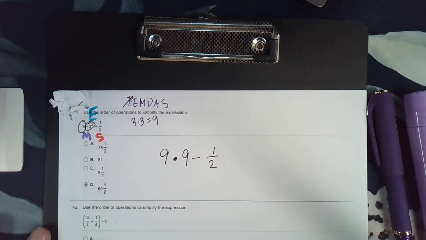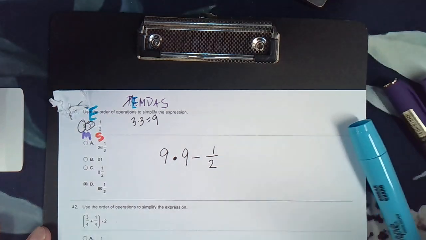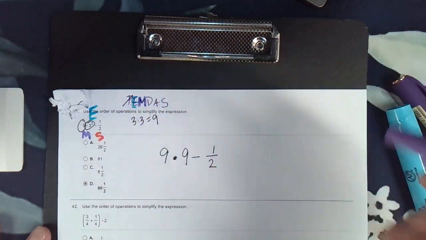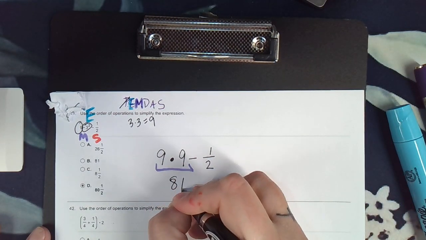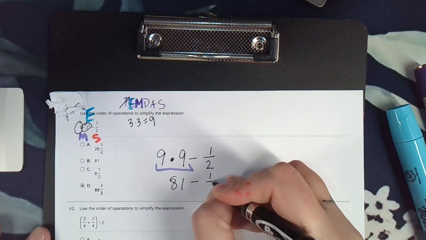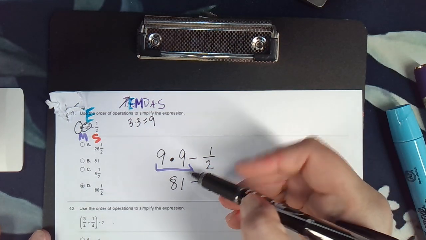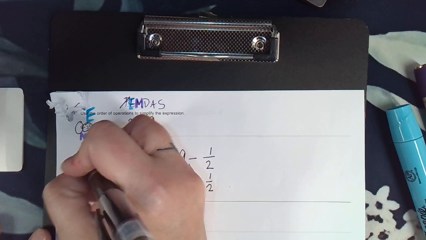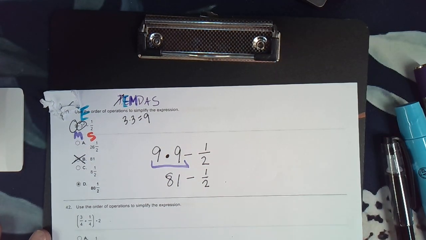Okay, so we've done the E. Huzzah! Next is that M. So let's multiply whatever we can. Multiply the 9 times 9, and that makes 81 minus 1/2. Obviously that's not going to be B because we're missing the minus 1/2. Now we need to actually subtract. We have to get a common denominator.